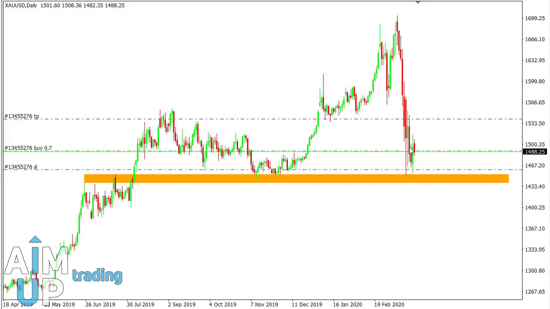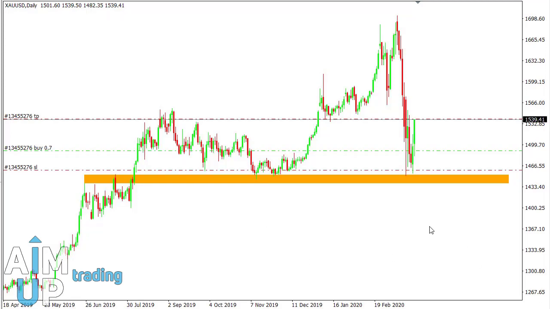In order for our take profit to be hit, the price has to go a little bit above our take profit. This is gonna trigger our take profit, and our position is gonna be closed. So this is something to know, and don't be surprised when that happens to you.